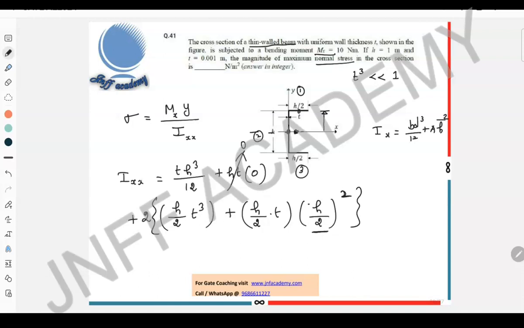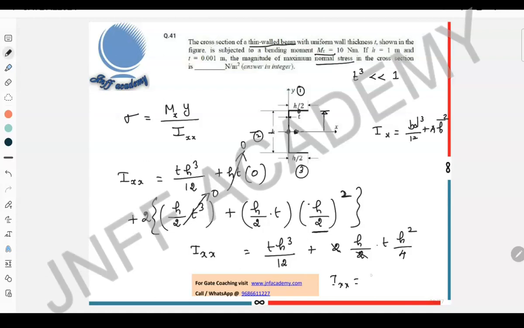If you look at this expression, here we have t cube. As I told earlier, t cube is very, very much less than 1, so I can neglect this. If you simplify, we get the moment of inertia about the x axis: Ixx is equal to T h cube by 12 plus 2 times h by 2 into T h square by 4. Now we can simplify.